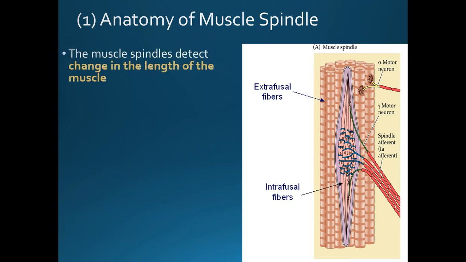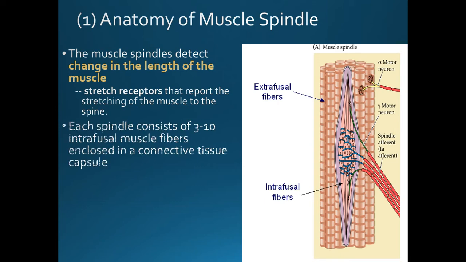The muscle spindles detect change in the length of the muscle. Muscle spindles have stretch receptors that report the stretching of the muscle to the spine.